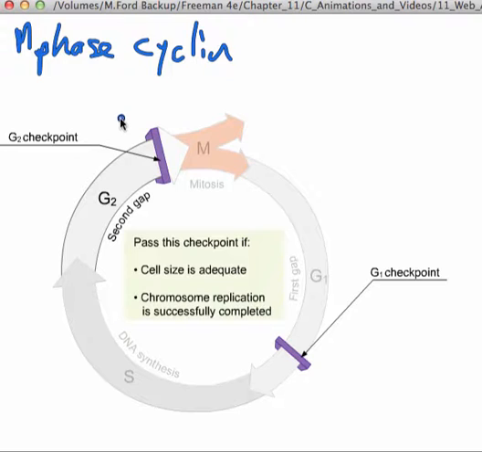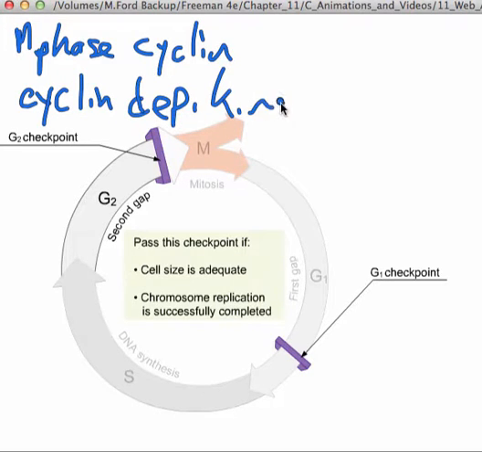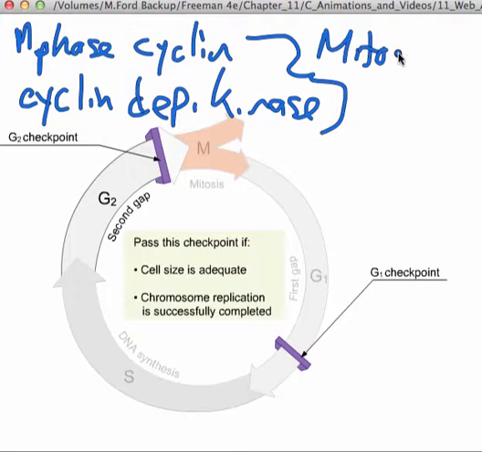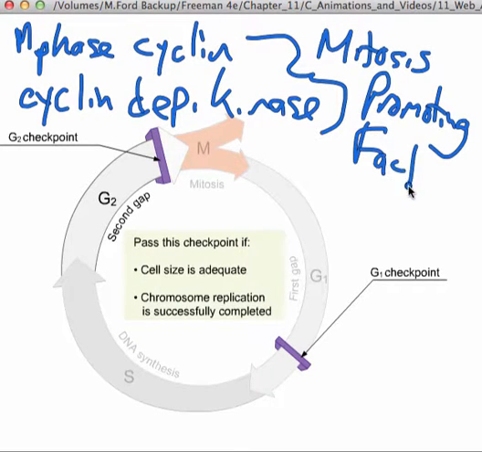And when this interacts with its cyclin-dependent kinase, if you have these two things together, you have a mitosis promoting factor, also known as the MPF. And this factor must be present in order to progress into mitosis.